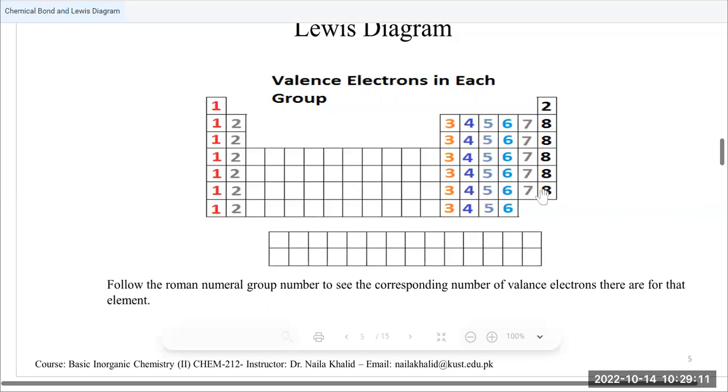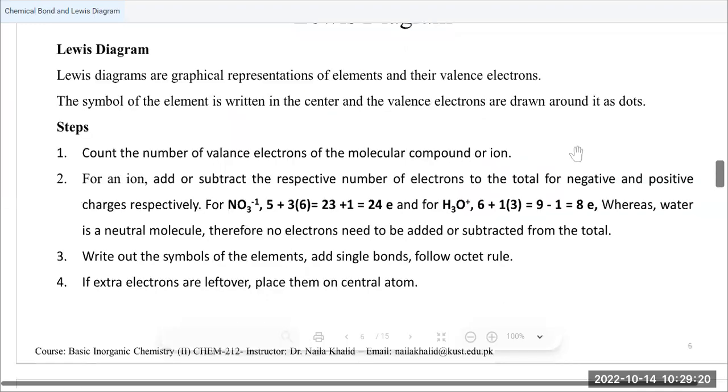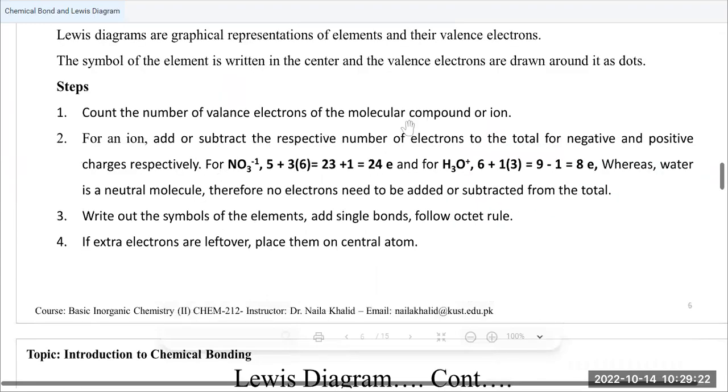Noble gases have 8 electrons. So you should know the valence electrons in each element of the molecular compound or ion, and then you have to add all these valence electrons.